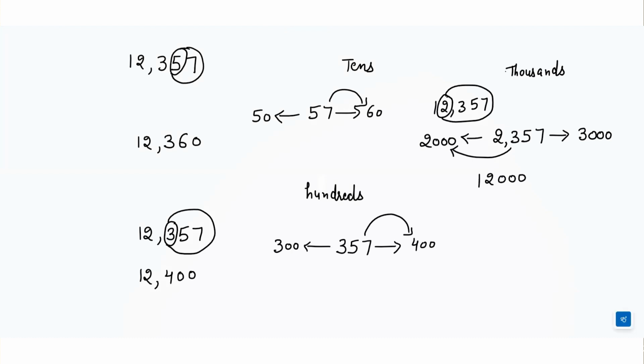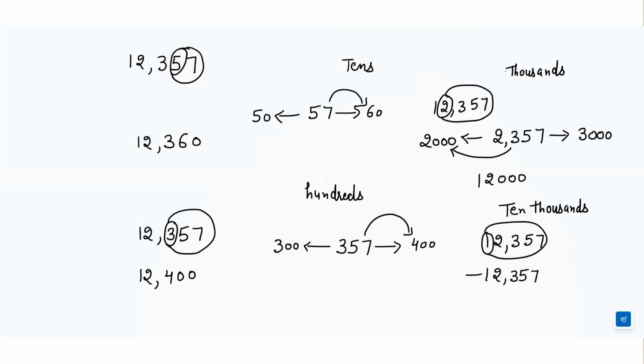Similarly, if I have to round off to the nearest 10,000s, so I will see the digit which is in 10,000 place. So that is 1. And if I have to see all the digits along with it, so they are 12,357.